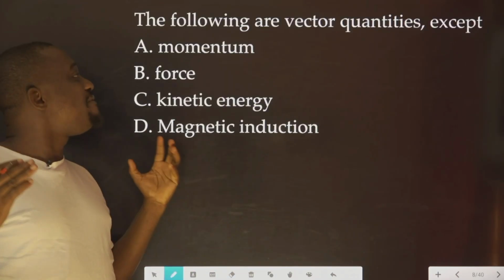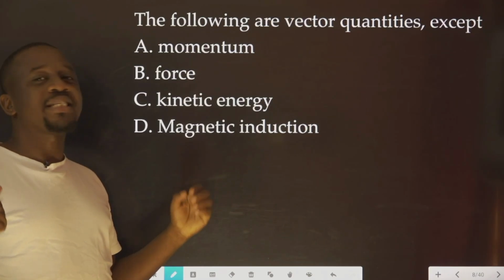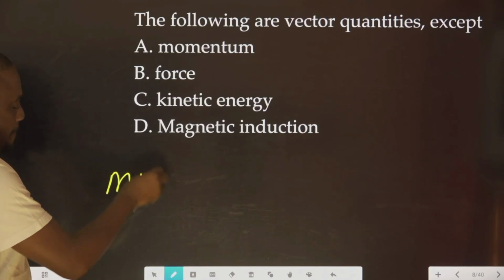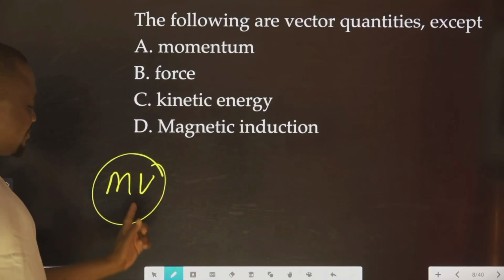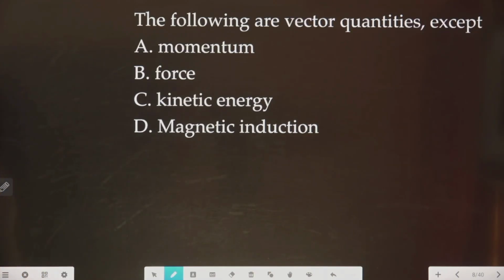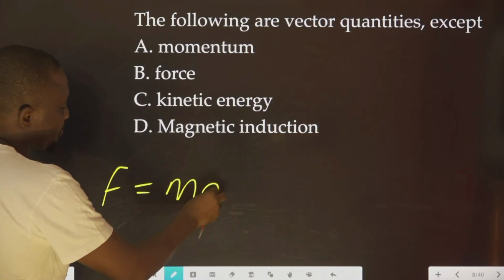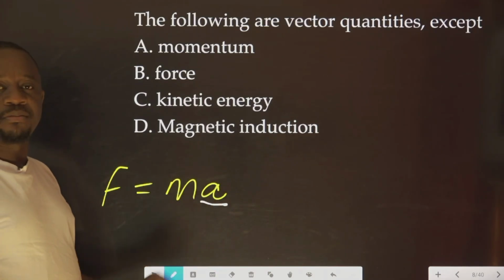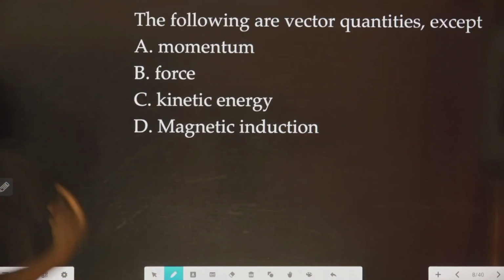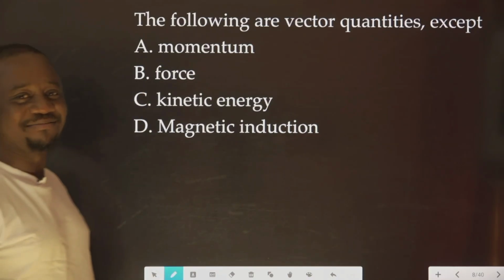The following are vector quantities except momentum. Momentum involves mass and velocity. V is a vector quantity. Force is a vector quantity, it has direction. This one, kinetic energy.